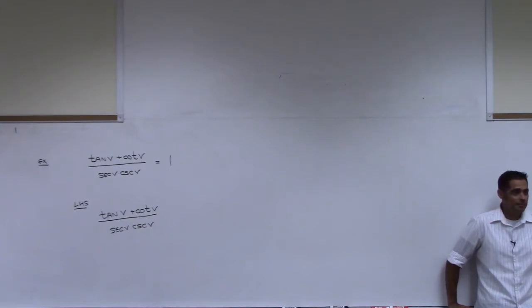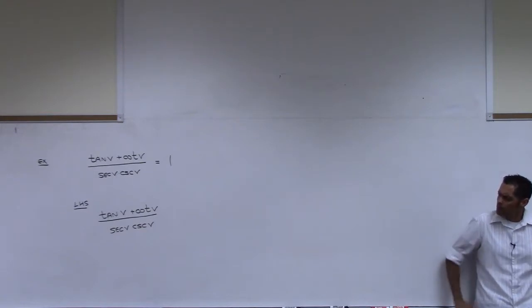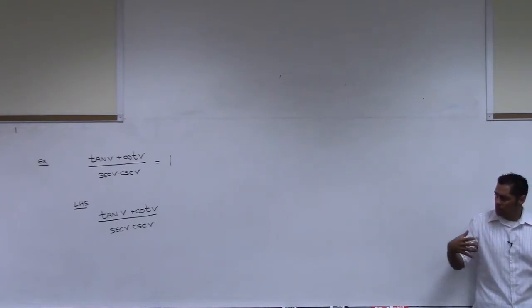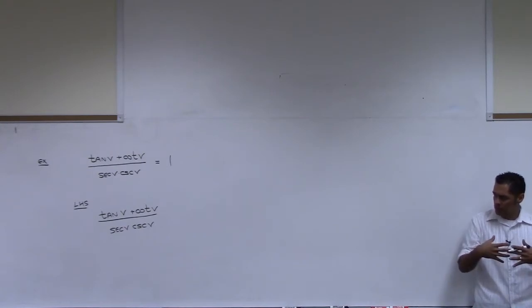Well, multiply each side to get a common denominator. What do you mean common denominator? Multiply cosecant by secant. Well, I'm okay with getting a common denominator if I saw two fractions. I don't really see two fractions that I'm trying to put together. Okay, well, this is multiplication.